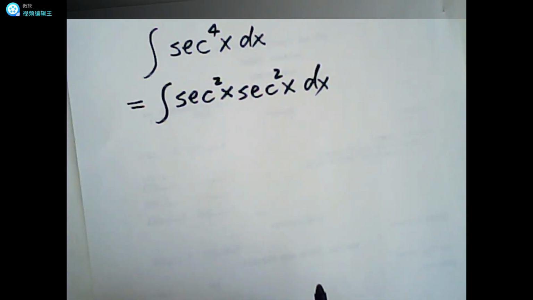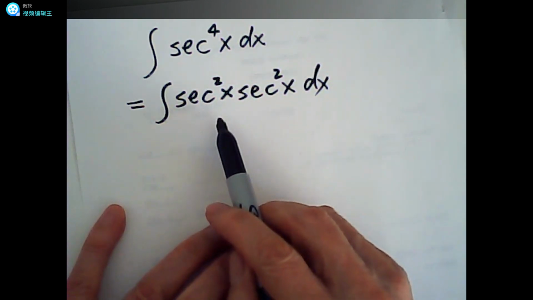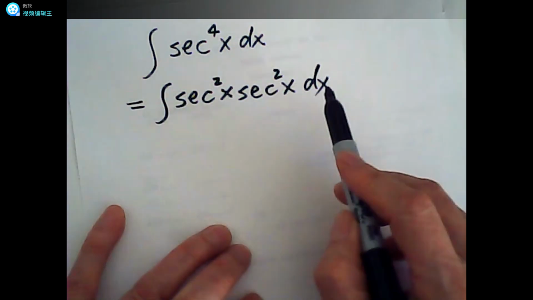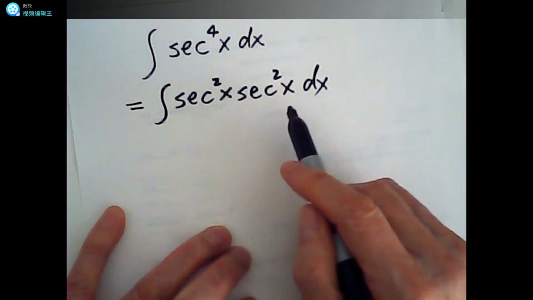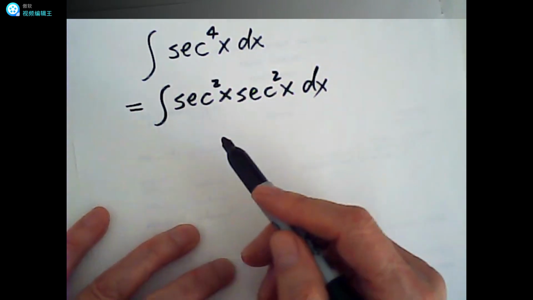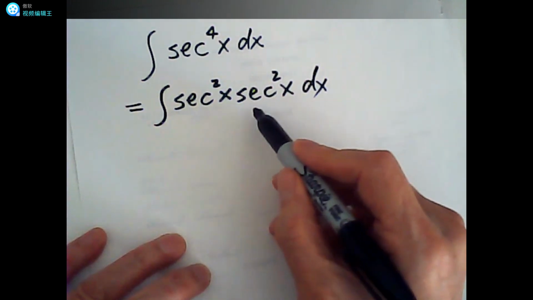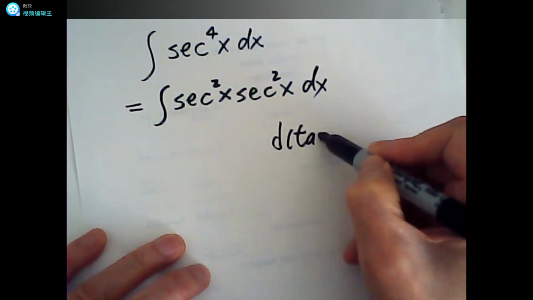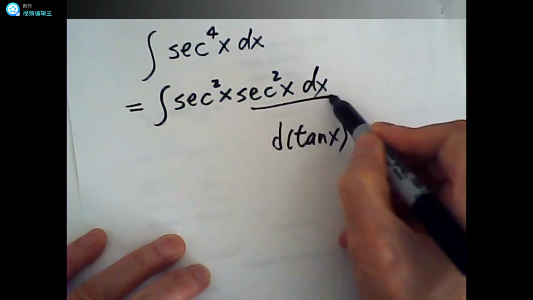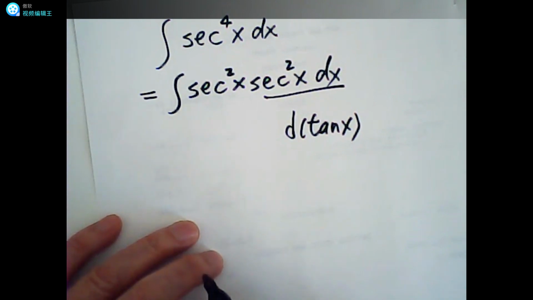Now, what to do? This integral is complicated because we are integrating with respect to x. If we change the variable, this integral may not necessarily be difficult. For example, this one is what? This is a d tangent x. Tangent x's derivative is secant x squared, right?